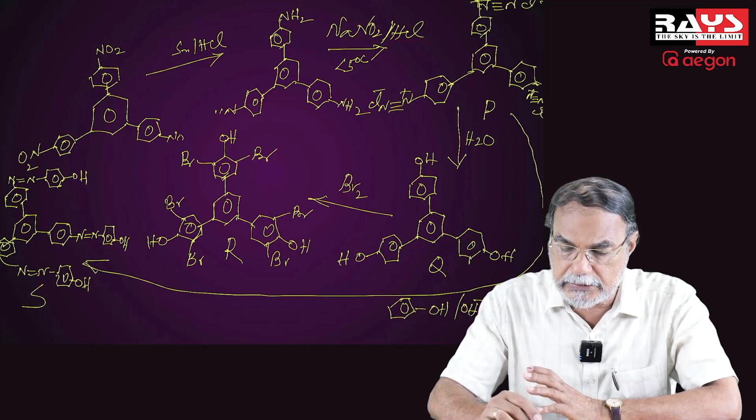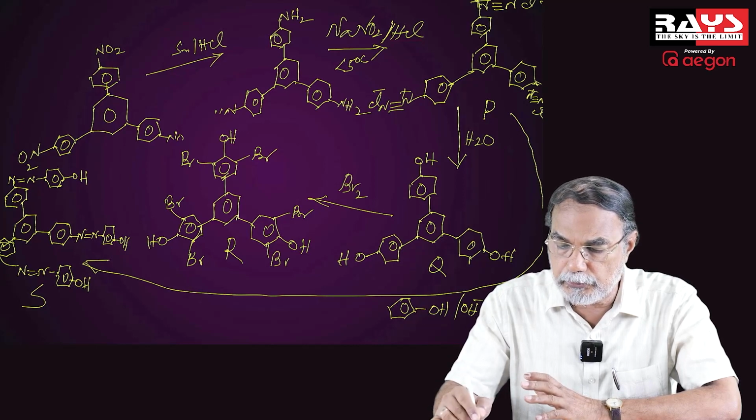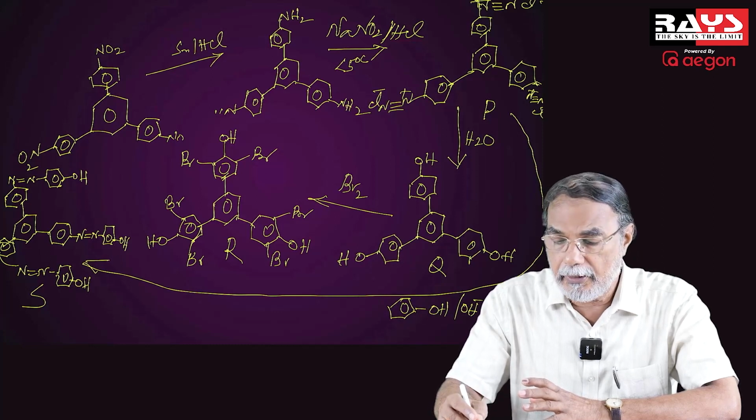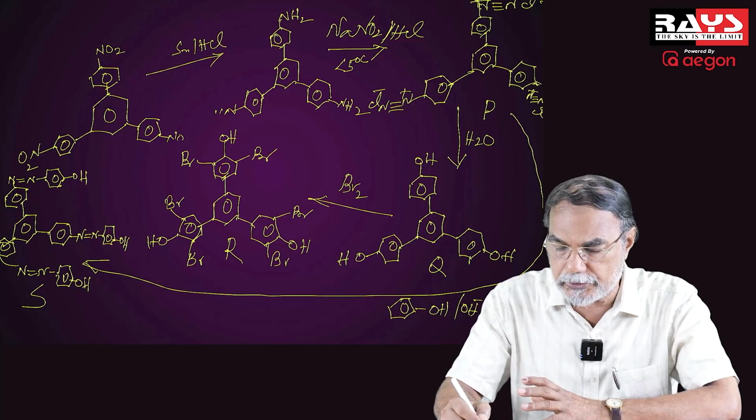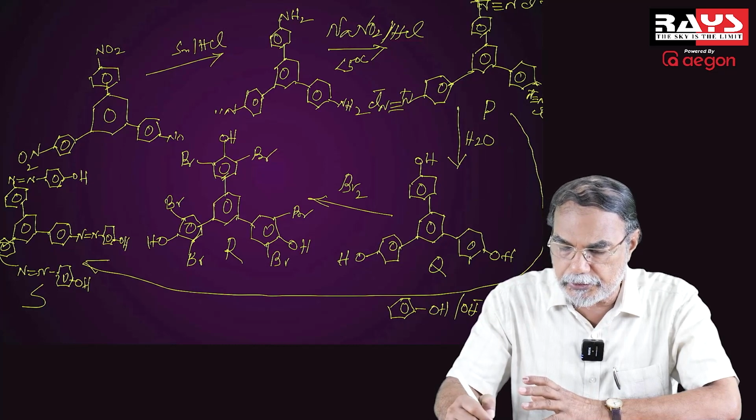So reaction with Sn/HCl converts the NO2 to NH2, and the NH2 to diazonium chloride by reaction with nitrous acid, NaNO2/HCl below 5 degrees Celsius. Then heating with water, warming with water gives the phenol structures.